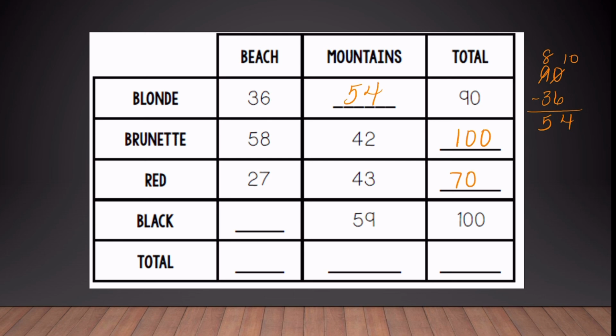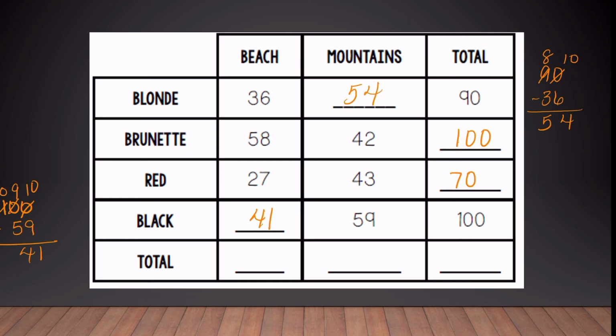I can find my total with black hair, which is 100 minus 59. Let me show you this because these are the mistakes we make. This is a 10, this becomes a 9, and this is a 0. So 1 and a 4 gives me 41. Now all I have to do, ladies and gentlemen, is find my totals, okay?